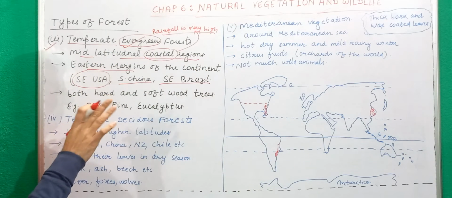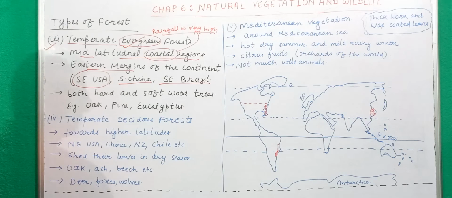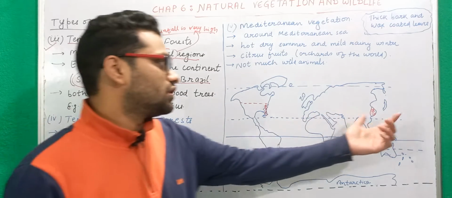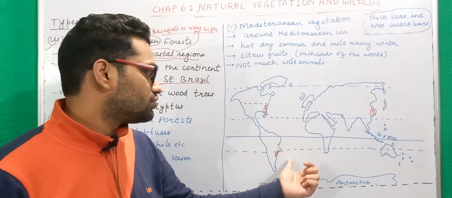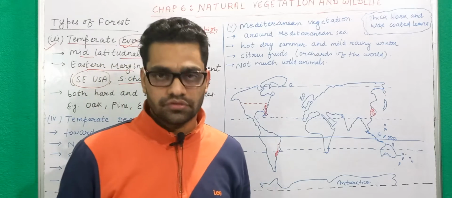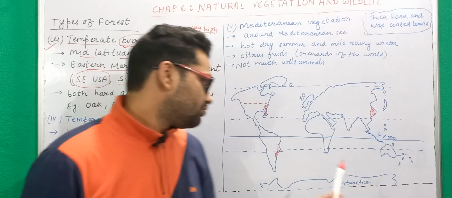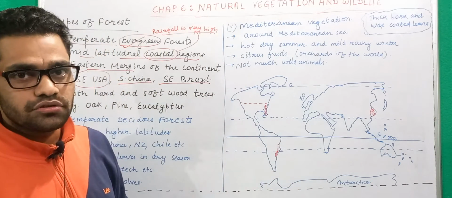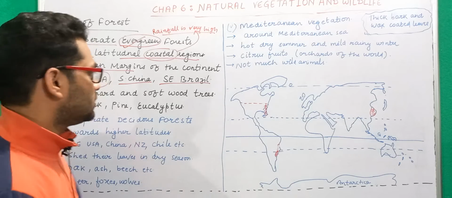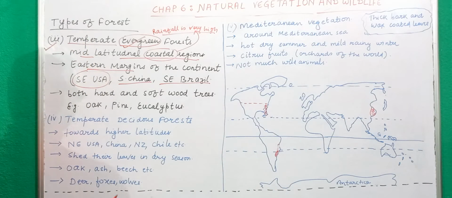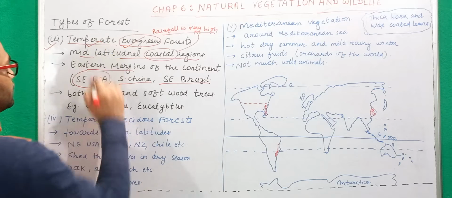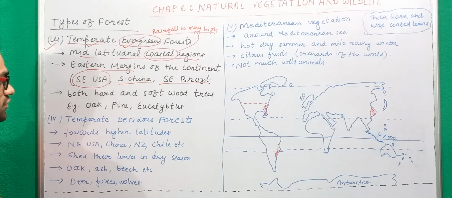This is where you will find temperate evergreen forests, because the coastal eastern margins of these regions receive a maximum amount of rainfall, and that is why there is availability of greenery. So evergreen forests are found here, and that is why we call it temperate evergreen.